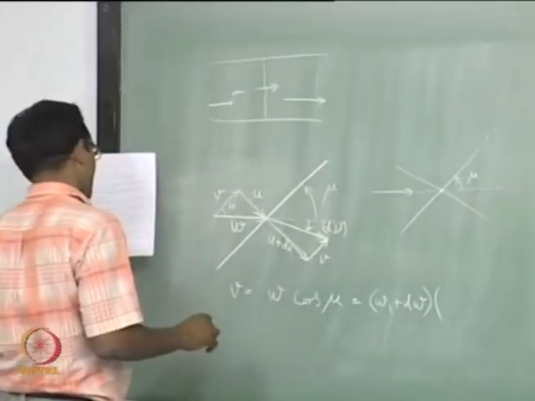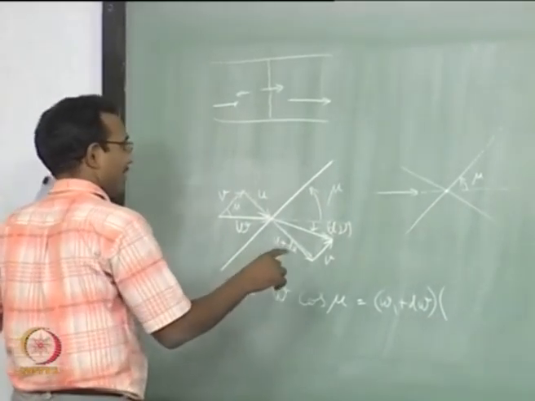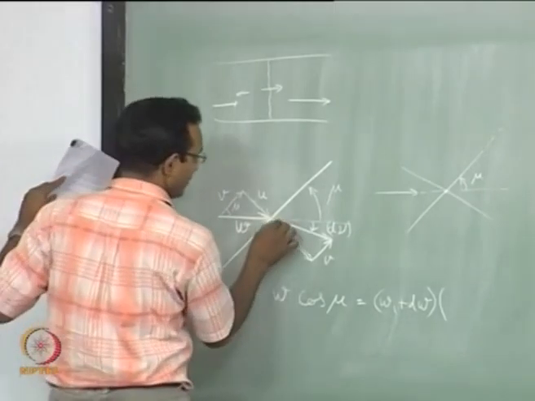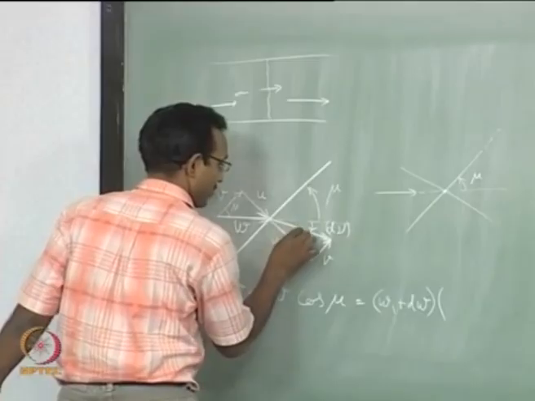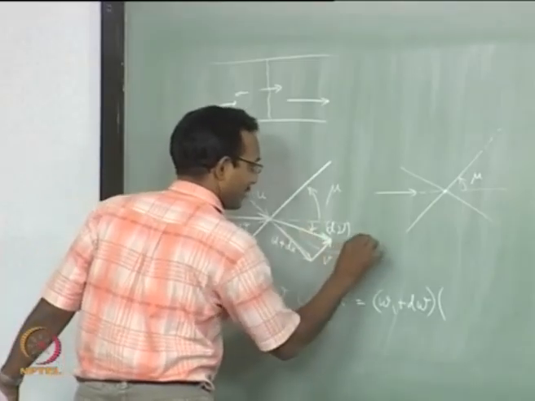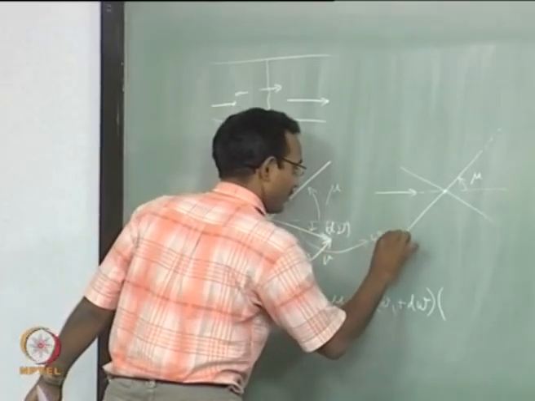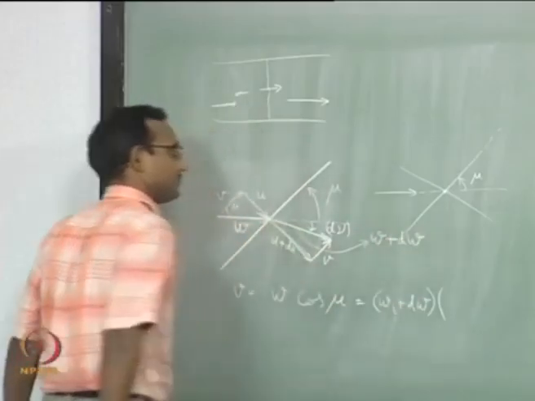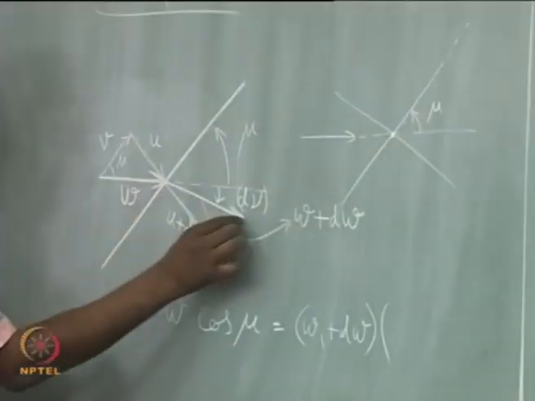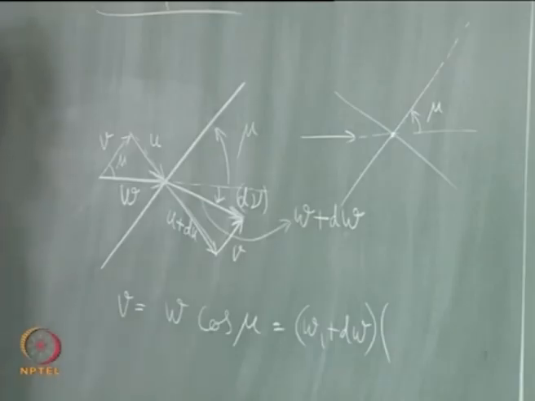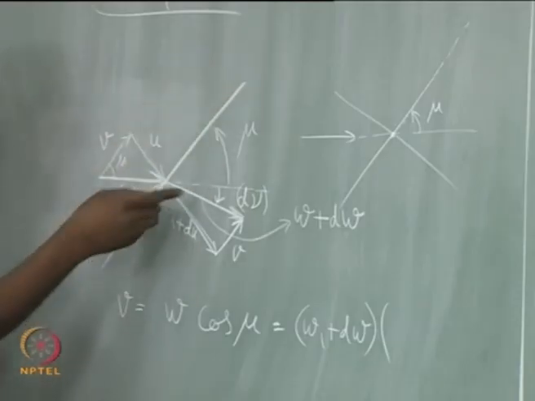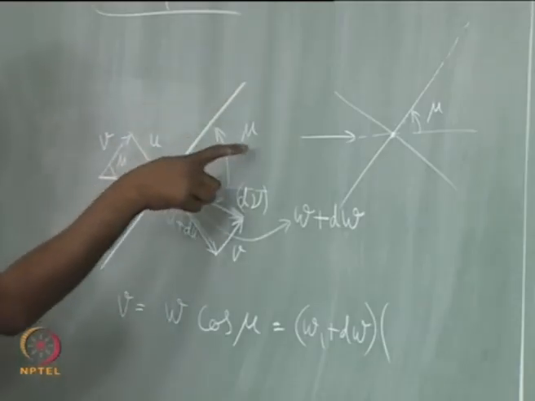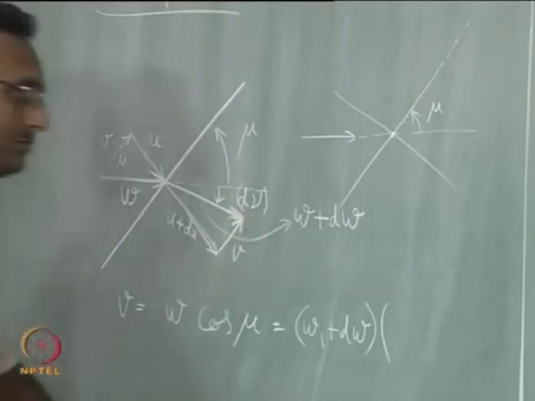times what is the angle I have to consider? This is the final W, which is supposed to be W plus dW. I did not mark this. Let us say this vector has a magnitude of W plus dW. This vector length is W plus dW. I want to find the component with respect to this line, so that is going to be cos of mu plus d nu.